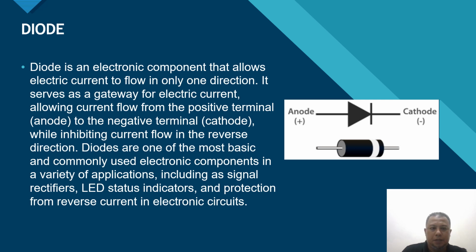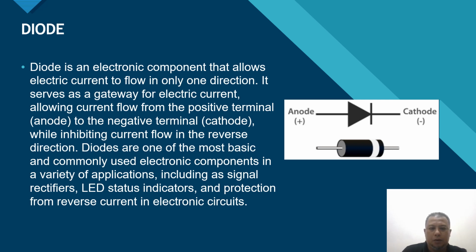Diode. A diode is an electronic component that allows electric current to flow in only one direction. It serves as a gateway for electric current, allowing current to flow from the positive terminal, the anode, to the negative terminal, the cathode, while inhibiting current flow in the reverse direction.